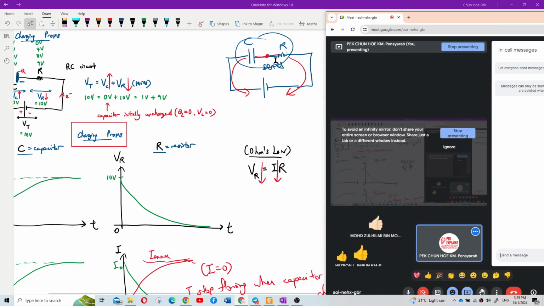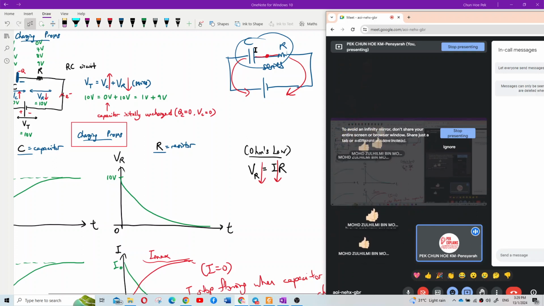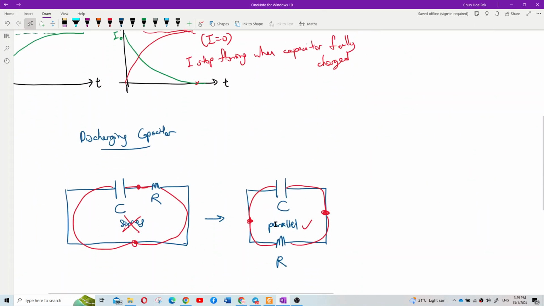Okay. This resistor and this capacitor in series. You know why in series? Because hanya satu kaki saja. I mean, kaki kanan dengan kaki kiri dia sambung, tapi lagi satu kaki tak sambung, sambung benda lain. So ini dua adalah in series. Tapi kalau saya buangkan bateri ini, dia bukan series sudah, dia jadi parallel sudah.